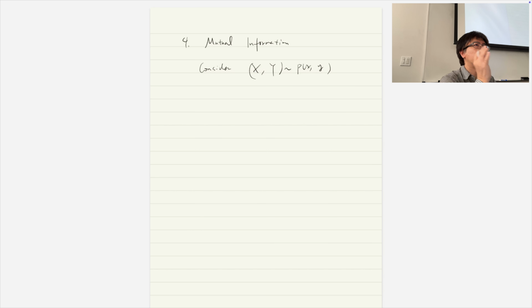Let's say if we know nothing about y, then we're going to see how much we know about x. Or if we know something about y, how much do we know about x. Our goal is that we observe x, based on whether we know y or not.